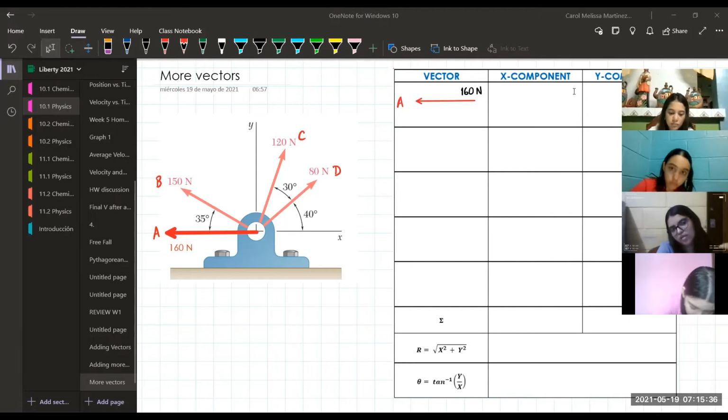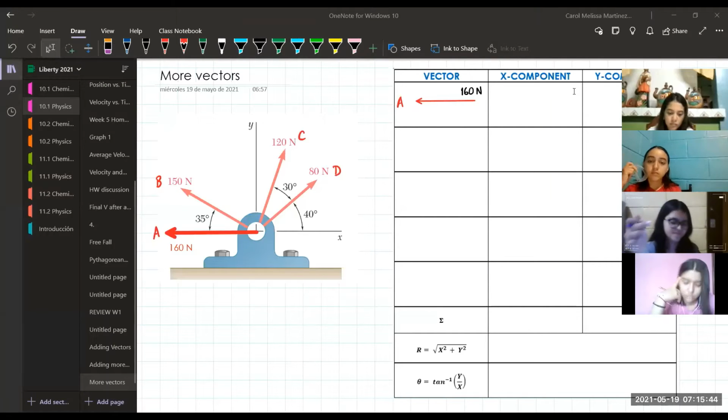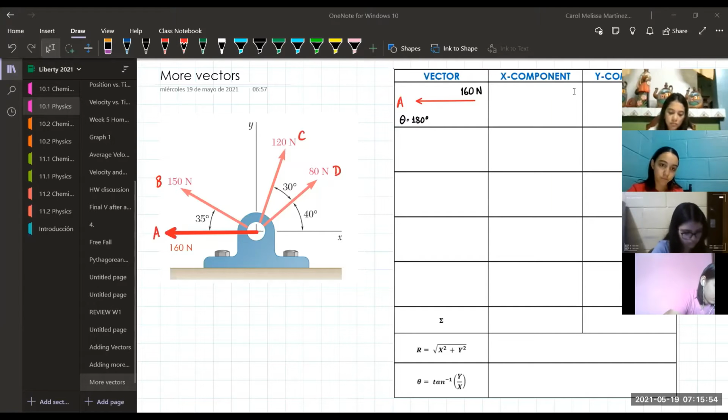The angle is 180 degrees, but you won't need it. I will show you what to do with the angle, okay?